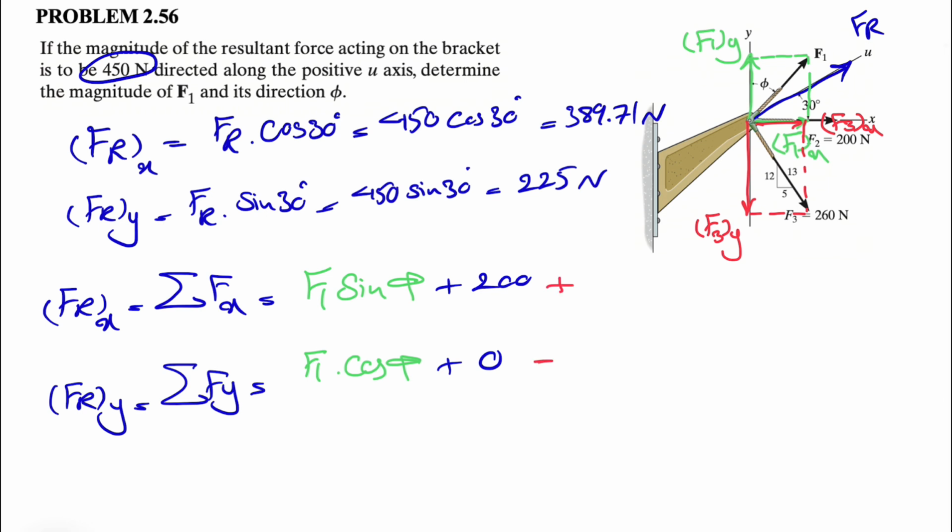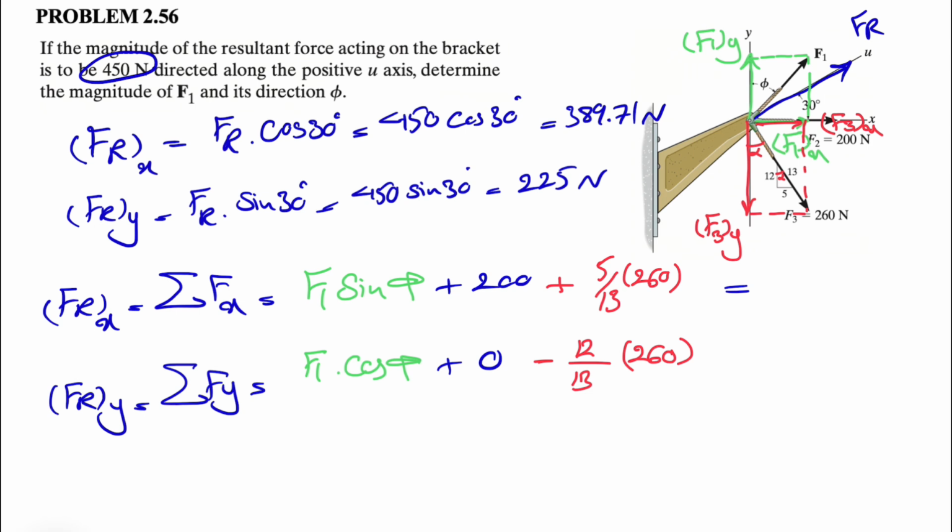Here we need some information in order to find Fx and Fy. If you call this angle alpha, this angle here would be alpha too. So the horizontal component would be sine of alpha, which is 5 over 13, so 5 over 13 times 260. And the y component, which is negative, will have cosine of alpha, which is 12 over 13, adjacent over hypotenuse, times 260 as well.